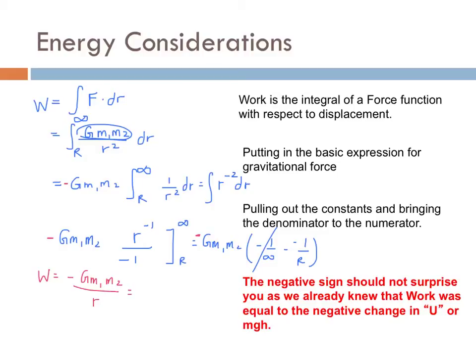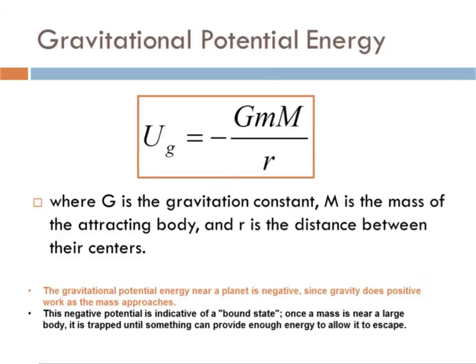Now, this negative sign should not surprise you, as we already know that work was equal to the negative change in U, or mgh, in this case, potential energy. So that means that G m1 m2 over r gives us potential energy. So our equation again gives us gravitational potential energy.